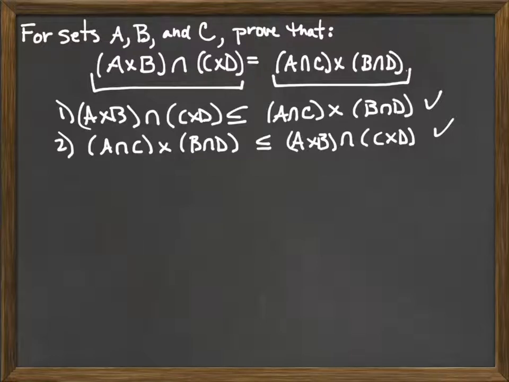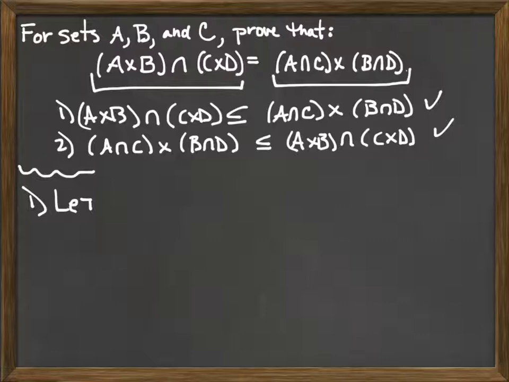Alright, so starting with the first one, we're going to attempt to show that A cross B intersect C cross D is a subset of A intersect C cross B intersect D. Now remember also, when we want to show that one set is a subset of the other, we take an arbitrary element in the first set. So our elements here are ordered pairs, right?